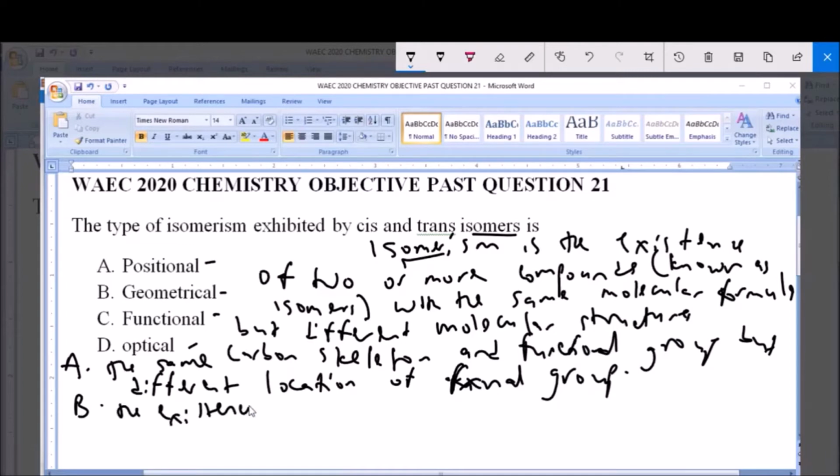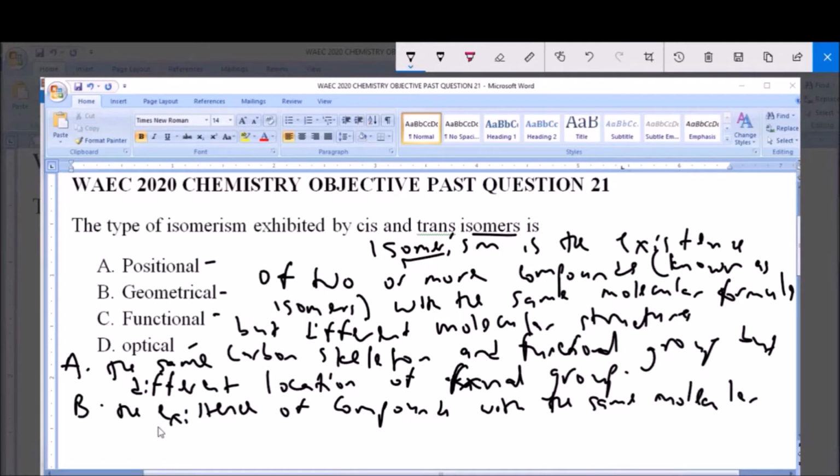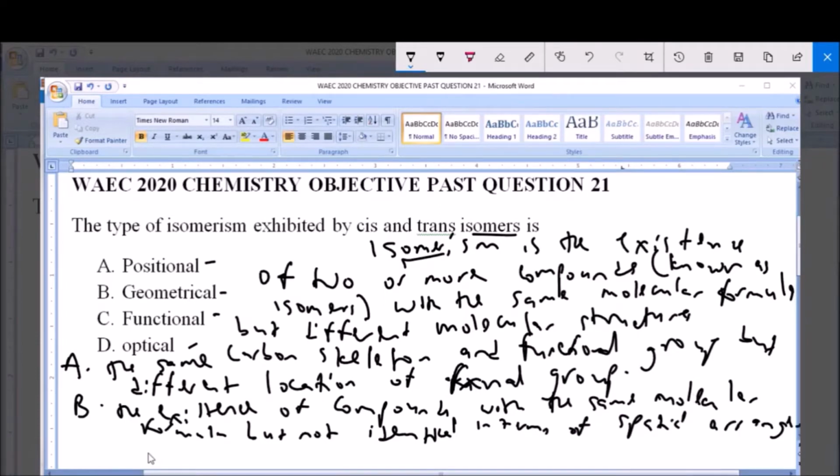Now option B, geometrical isomerism, refers to the existence of compounds with the same molecular formula but not identical in terms of spatial arrangements of the atoms.